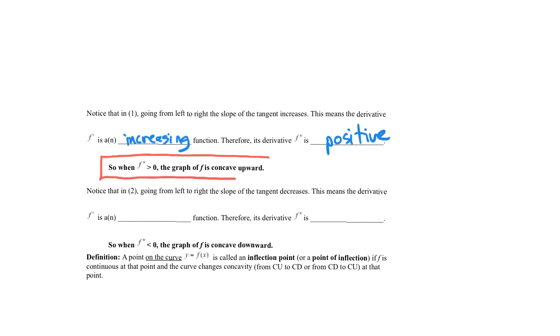Which leads us to this. When the second derivative is positive, the graph of f is concave upward. Concave up like a cup. The easy way to remember it is this. Think of when the second derivative is positive.